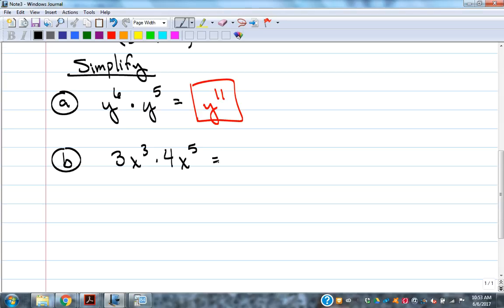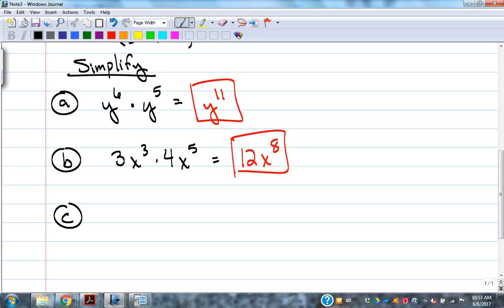Just multiply them, because that's what the problem says to do. It says multiply. 3 times 4 would be 12. And then what do we do with the exponents on that? It would be x to the 8th. Very, very simple idea. Doesn't get much more difficult than that, as far as that particular rule goes.